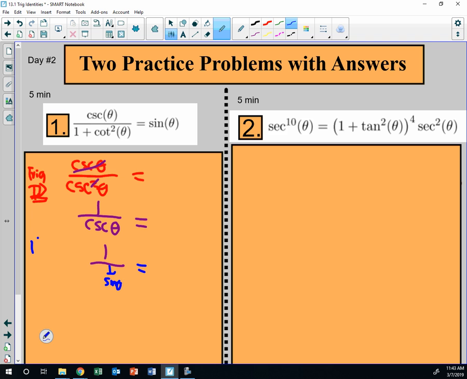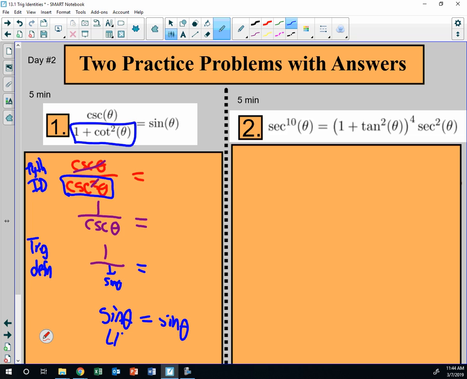And that's a trig definition. Oh, go back to this one. I lied. This is Pythagorean identity. 1 plus cotangent squared equals cosecant squared. This cosecant's 1 over sine. Well, what's 1 over sine algebraically? 1 over sine is sine of theta. Great. You got it. And so left-hand side equals right-hand side.